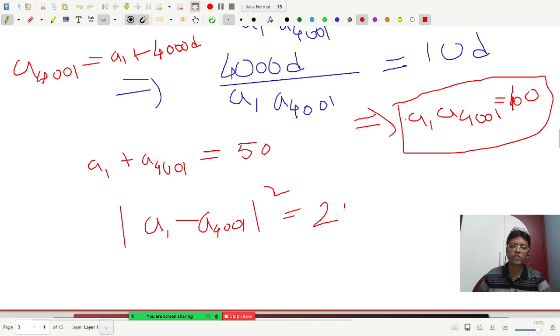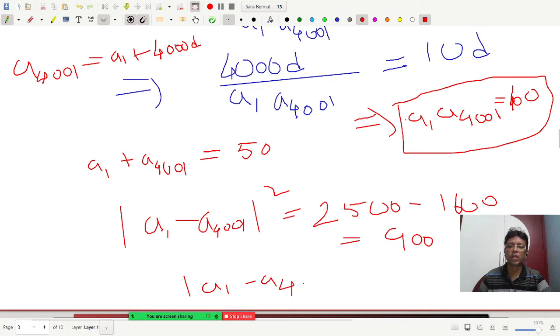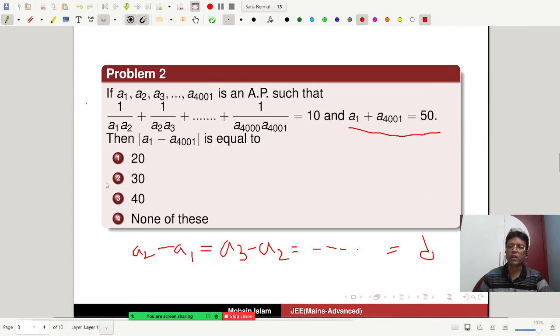So 2500 minus 1600, that is 900, and if you take the positive square root, that will be 30. So this is your answer. Let's go for the options. Yeah, it's option B. Okay, clear? So this is a very interesting problem.